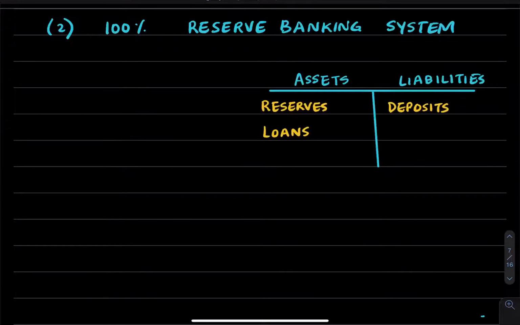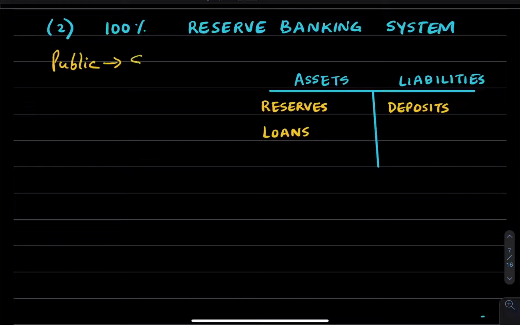Let's look at the second scenario where you have a requirement which says 100% of the deposits must be held as reserves. So in this system, if the public, because this is a bank, if the public deposits the $100, this is in deposits.